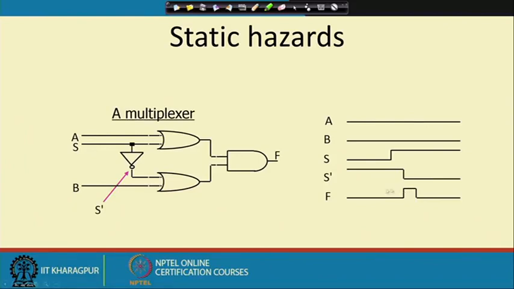Now, for this range of time, what is happening is that for the upper OR gate we have A equal to 0 and S equal to 1.